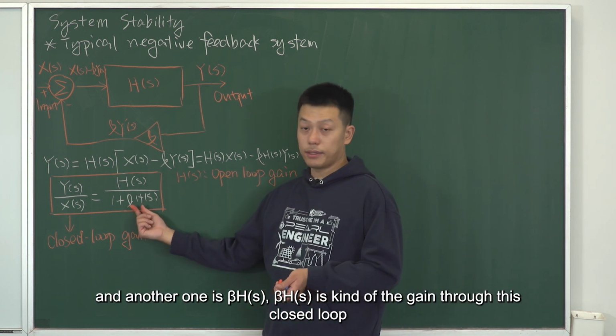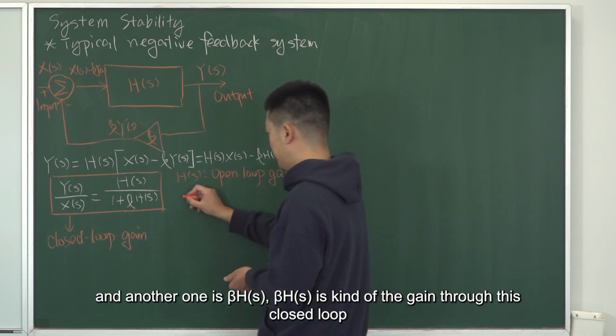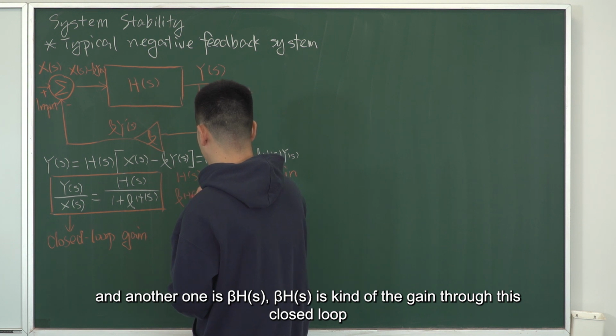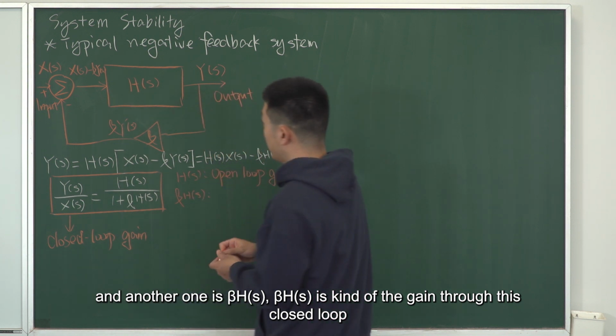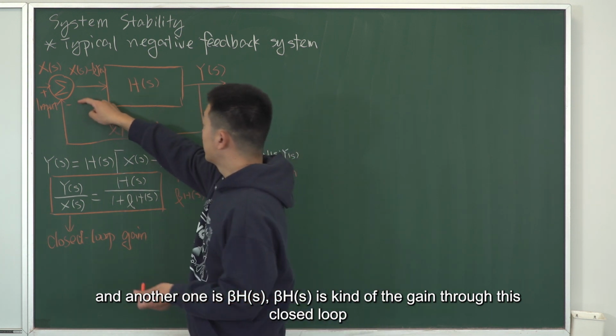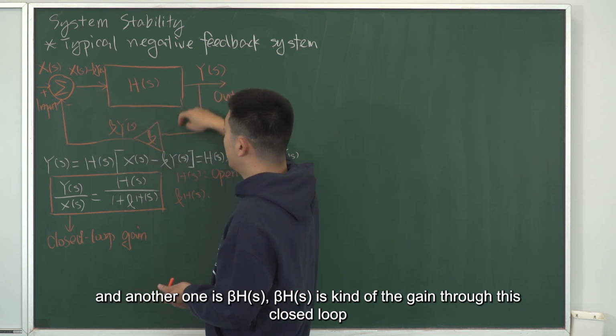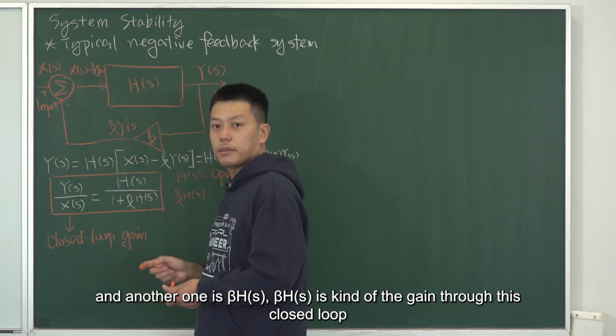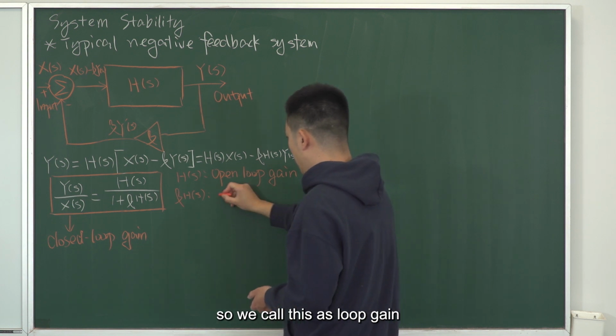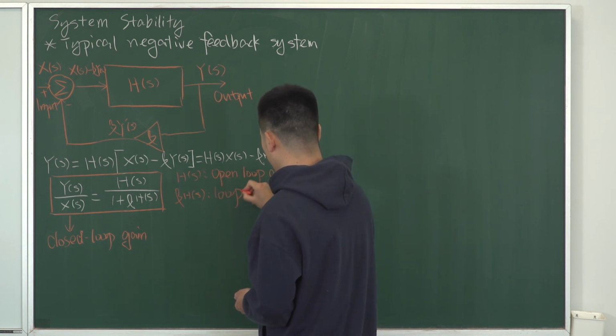Another one is beta times H(s), which is the gain through this closed loop. So we call this the loop gain.